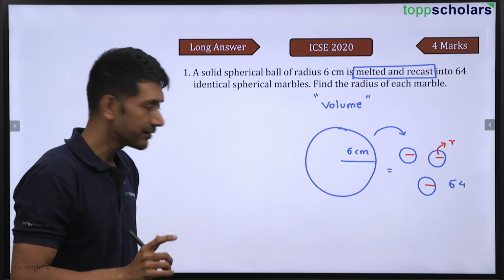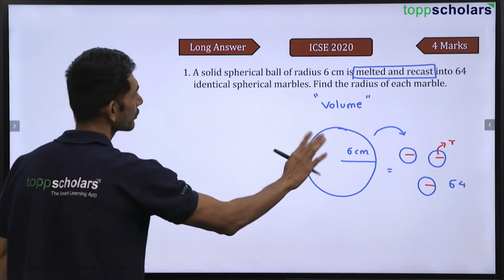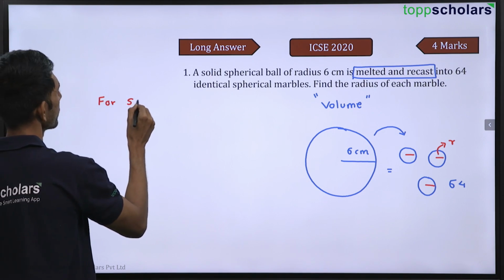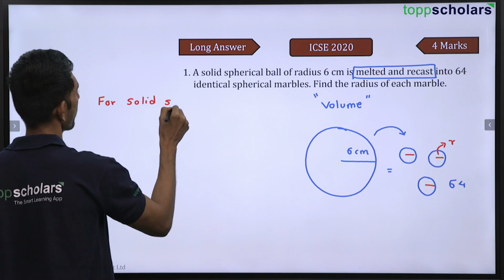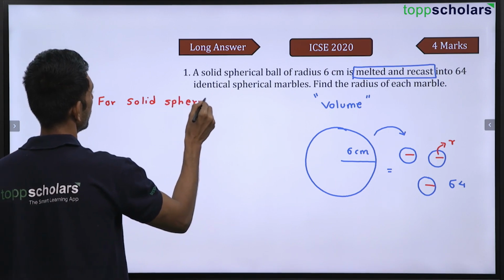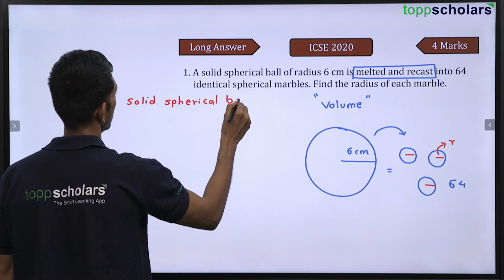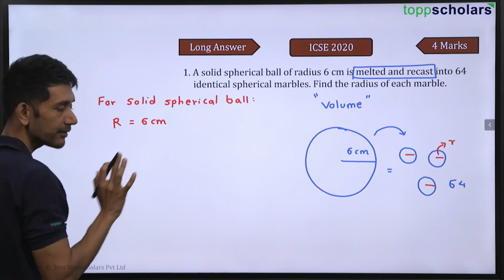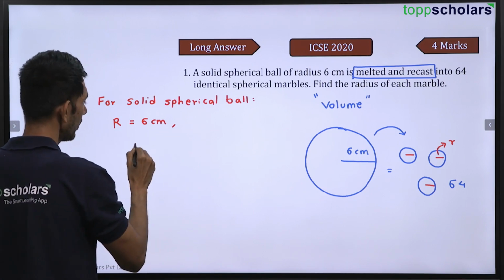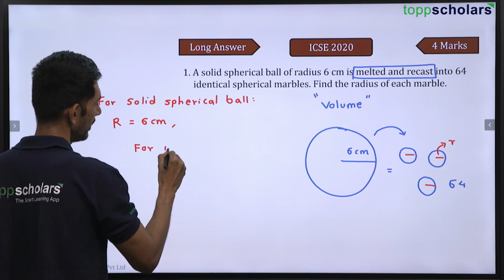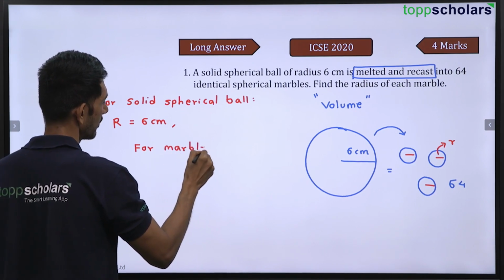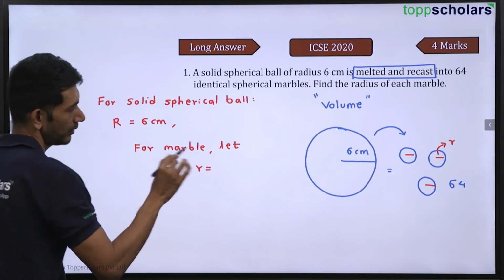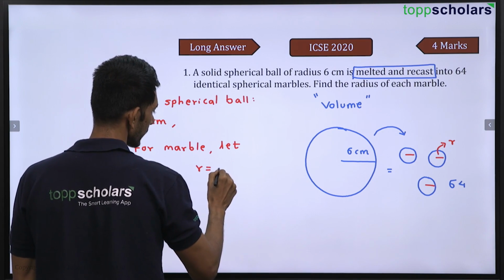So now what we can say is, for the solid spherical ball, the radius is 6 centimeter, and for the marble I can say let small r be equal to the radius.